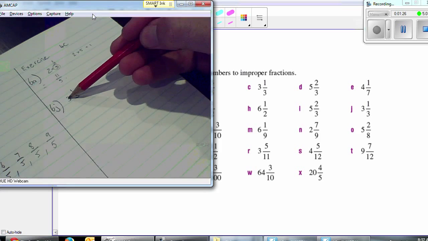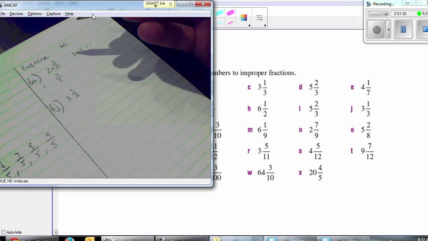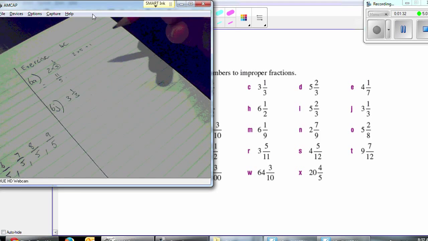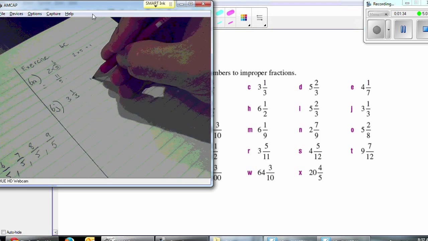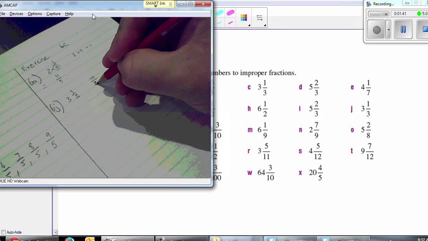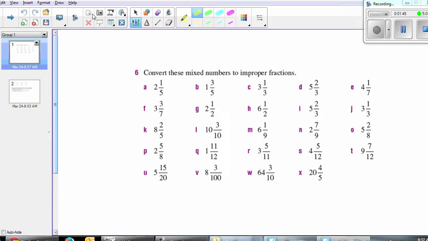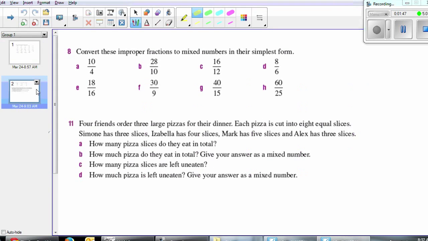Once again, take the whole number, multiply the denominator, 3 times 3 is 9, and then add the numerator, which becomes 10. Okay, the denominator stays the same, 10 over 3. Okay, it's a bit of a wonky 3. All right, very straightforward, changing mixed numbers into improper fractions.